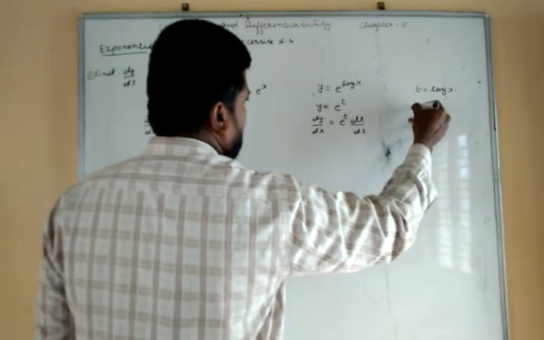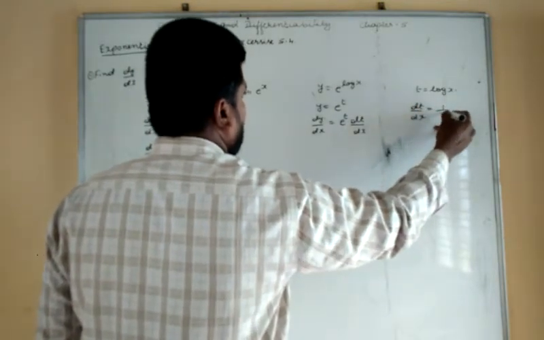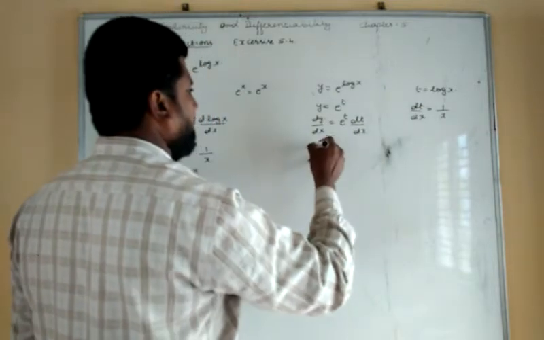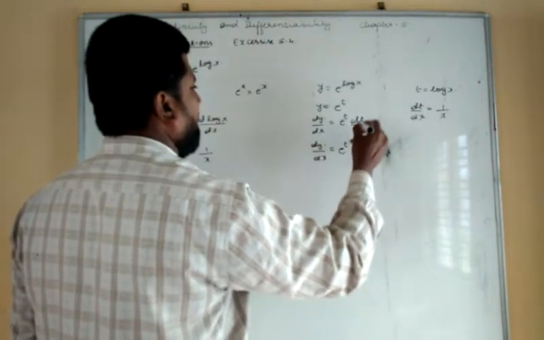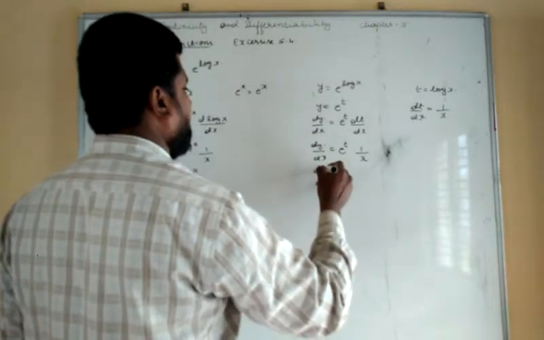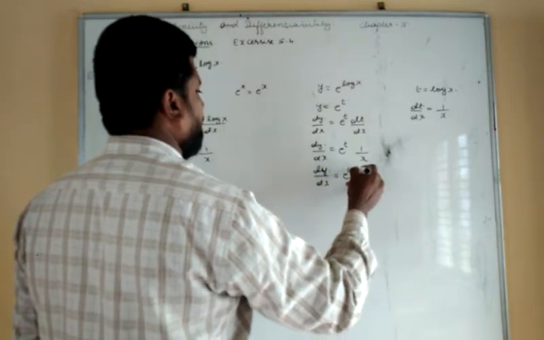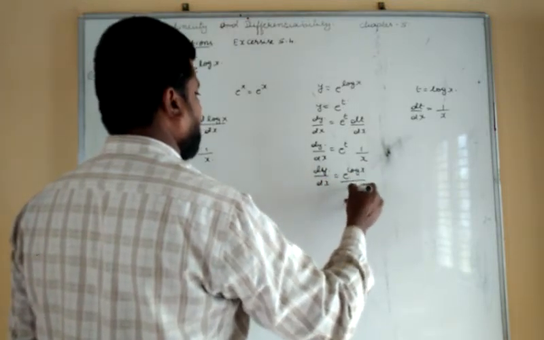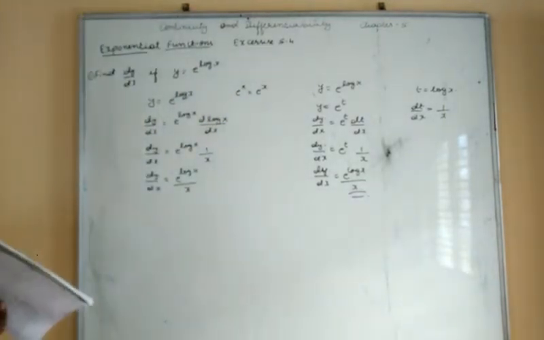Differentiate this: dt by dx is equal to the differentiation of log x, which is 1 by x. So dy by dx is equal to e to the power of t times 1 by x, and substituting the value of t, dy by dx is equal to e to the power of log x by x. This is the answer.